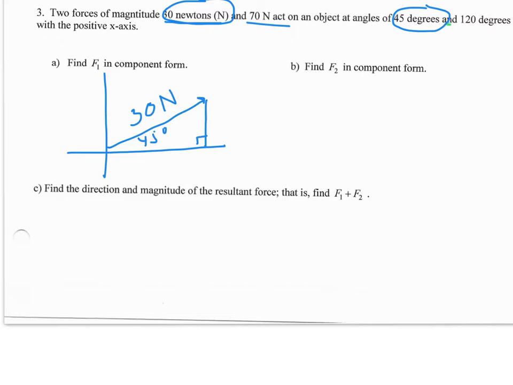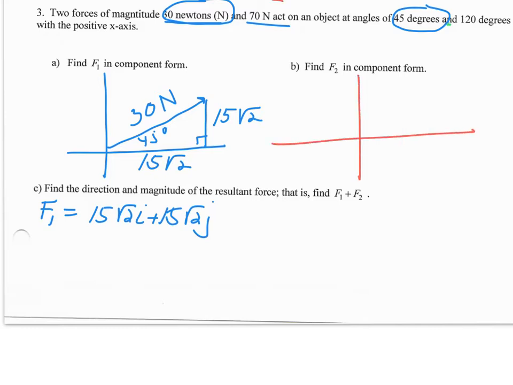And this would be a non-calculator question since it is a 45, 45, 90. And so with the n root 2 idea, this guy over here should be 15 root 2. And so should this one, 15 root 2. Okay, so I'm going to write this down in part C because I'm kind of running out of room here. So force 1 in component form would be 15 root 2 i's plus 15 root 2 j's. Okay, now let's do the same thing with force 2.